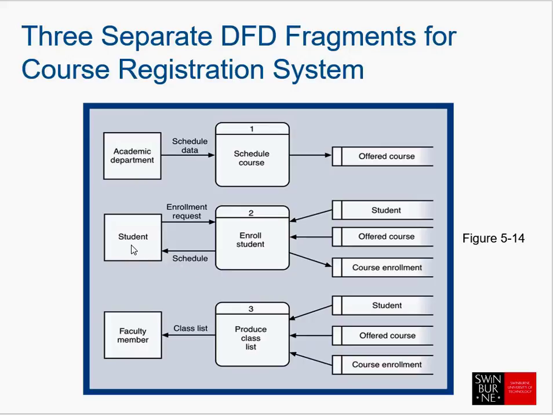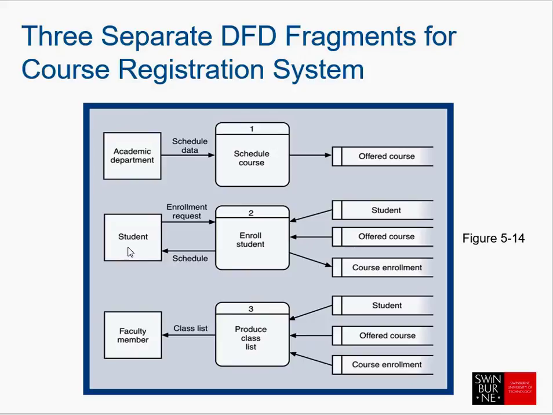To process this student enrollment information, the business analyst determined we need 3 entities. We need to read some details about the students from the student entity, and read information about offered courses, and then we need to write an entry into the course enrollment entity, and then the schedule details go back to the students.